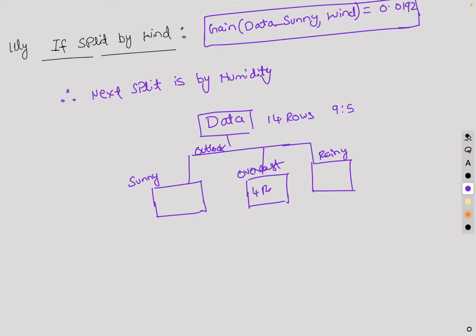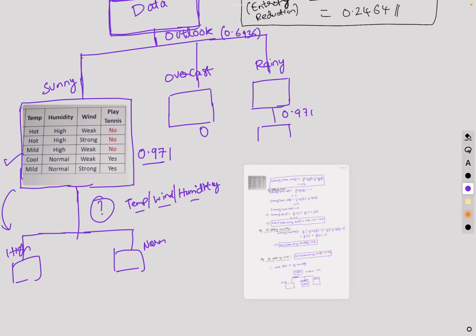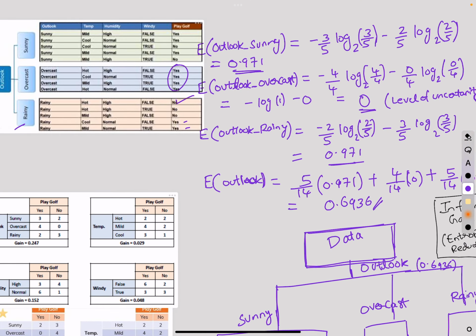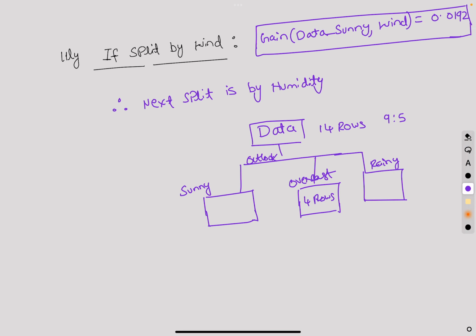Over here I had 4 rows. All the 4 records belonged to category yes. So 4 is to 0, yes is to no, and I had 5 records here and 5 records here.